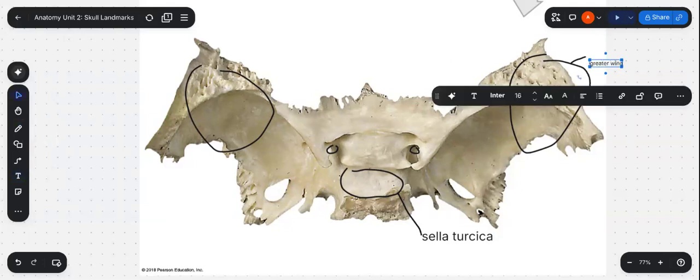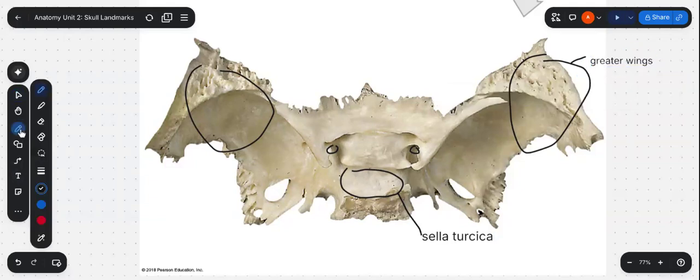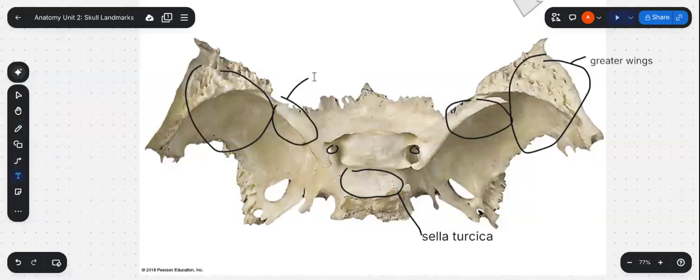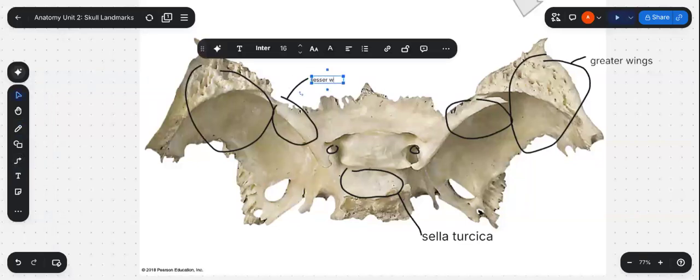It's easy because they're going to be bigger, while the lesser wings are at the bottom. So they're at the bottom of them, right here and right here. They're also a lot smaller. So these are your lesser wings.